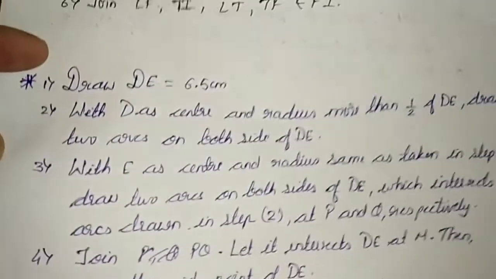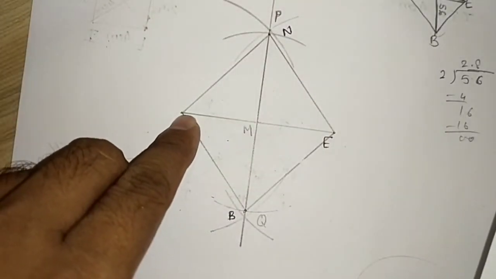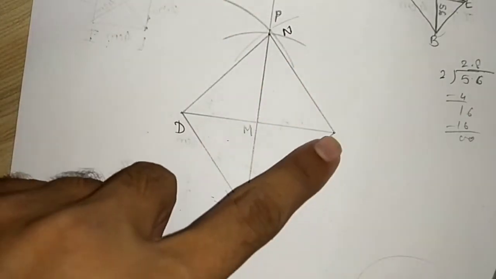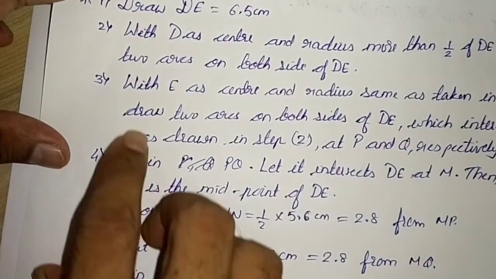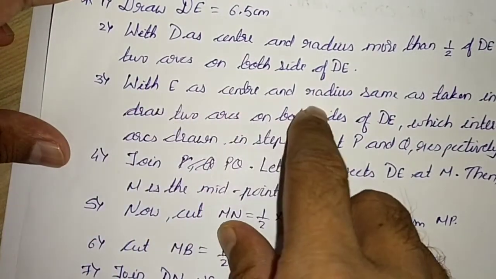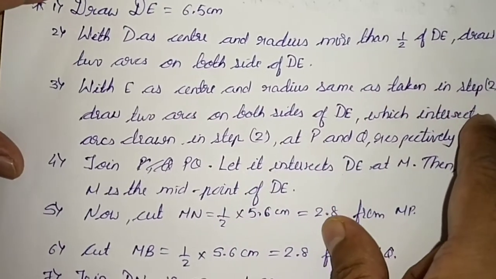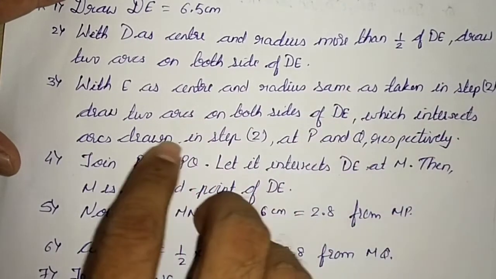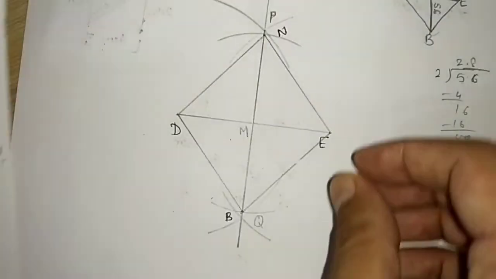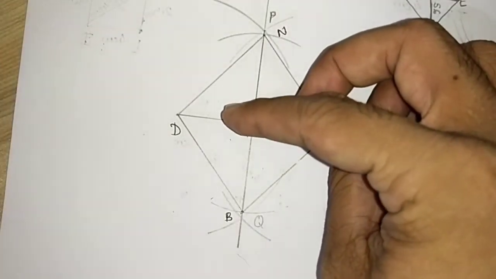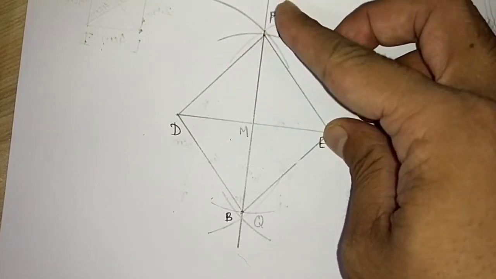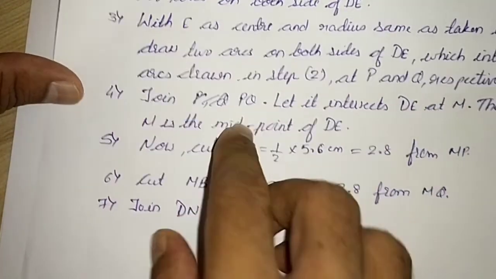Third, with E as center and the same radius as taken in step 2, draw 2 arcs on both sides which intersect the arcs in step 2. Join both of them, join PQ.